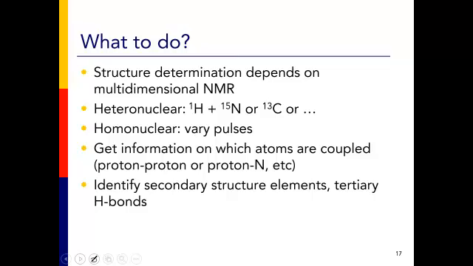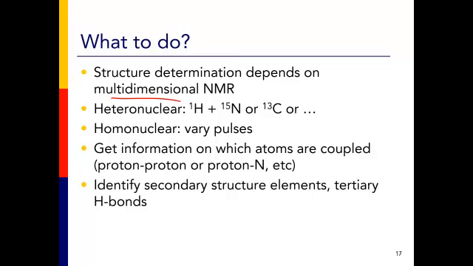What we might have to do is more sophisticated NMR techniques. Have you done multi-dimensional NMR in organic? I think you do a little bit, like TOCSY or COSY, or maybe not. Multi-dimensional NMR means we can't just look at the protons, we have to look at something else. That something else could be C13. Of course there are lots of carbons in a protein. That would be great.